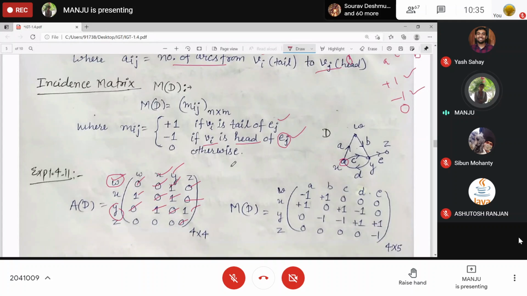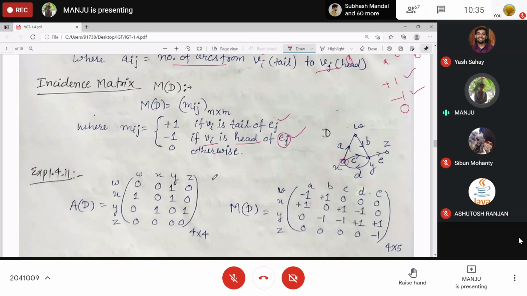Is this symmetric? In the case of a simple undirected graph, it was symmetric, right? If you take the transpose, if you count the number of edges between Vi and Vj, or between Vj and Vi, both are the same. That is, AIJ is equal to AJI.